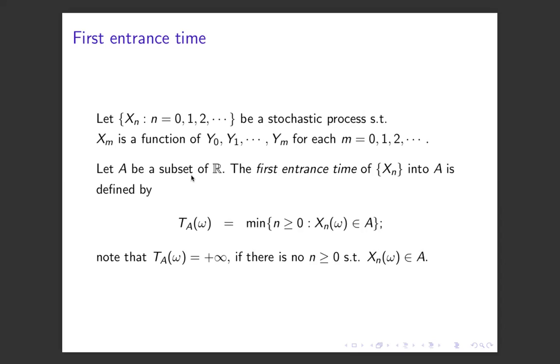Let A be a subset of the real line. The first entrance time of the process Xn into the set A is defined by T sub A at omega equal to the minimum n greater than or equal to 0 such that Xn omega belongs to A. And as we had been following earlier, this is equated to plus infinity if there is no n satisfying this condition.